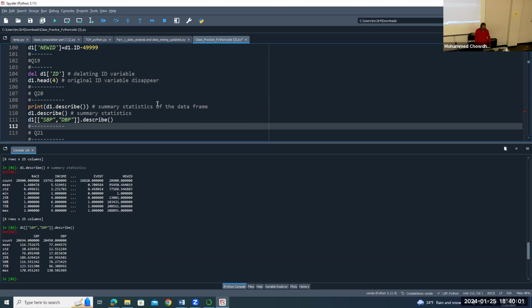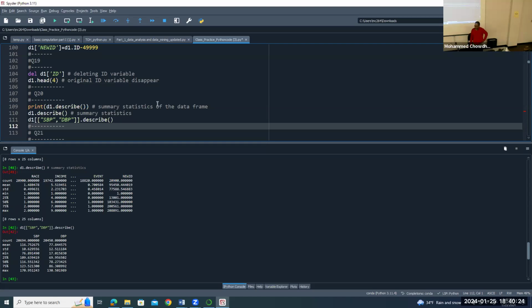Now, what is SBP? If you go to the doctor to take your blood pressure, right? Blood pressure measurement, right? Have you ever done a blood pressure measurement? Yes or no? Yeah, right? So two measurements, right? One is high, one is low. The high one is called the SBP, systolic blood pressure. The low one is called the DBP, diastolic blood pressure.